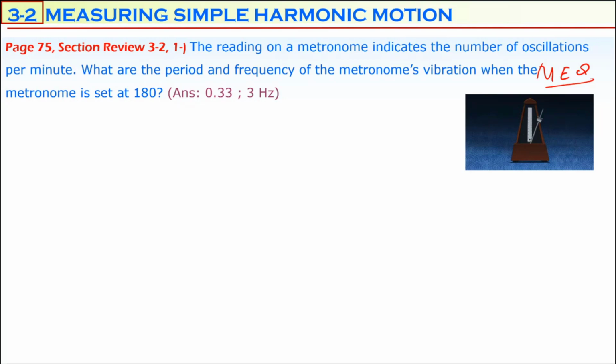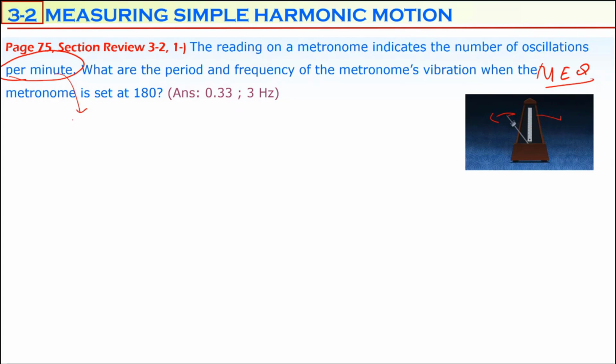This is a metronome. Generally, musicians use this device to keep tempo. If you are going to play slow music, you make this metronome vibrate at a smaller rate. If you are going to play faster, quick music, you make this metronome vibrate quicker. So the reading of the metronome indicates the number of oscillations per minute.